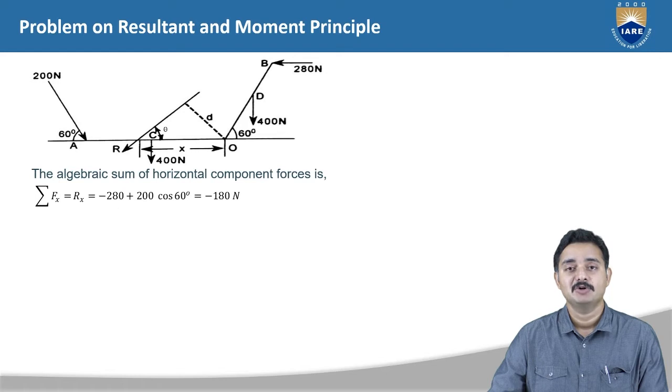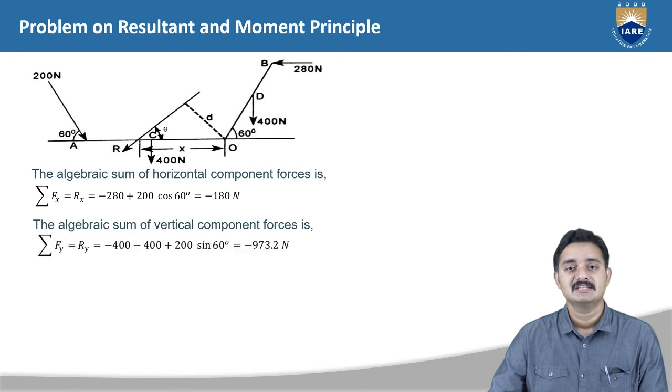sigma Fx is equal to Rx, that is equal to minus 280 plus 200 cos 60 degrees, that is equal to minus 180 newtons. Resolving the forces vertically, sigma Fy is equal to Ry, that is equal to minus 400 plus 200 sin 60, that gives minus 973.2 newtons.